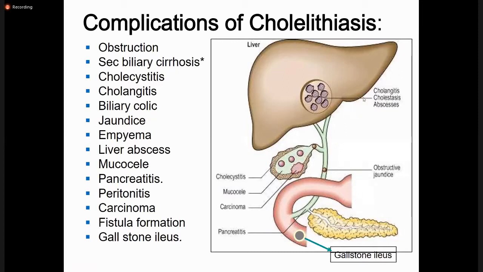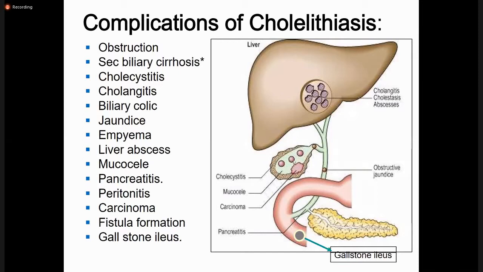If there is stasis, there might even be abscess formation in the liver. At the level of the gallbladder, there may be inflammation leading to cholecystitis. As I told earlier, if there's impaction at the neck of the gallbladder, there is no bile coming in or going out. Eventually, some of the bile will get absorbed, and the mucosa will keep secreting mucus. So there may be a mucocele formation.